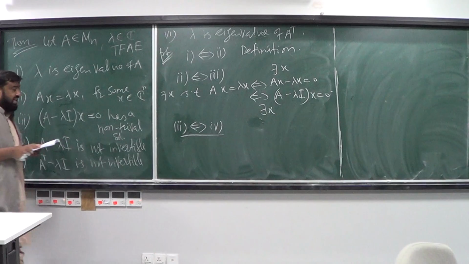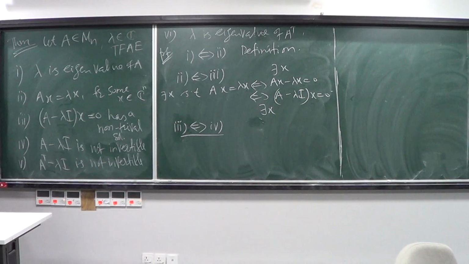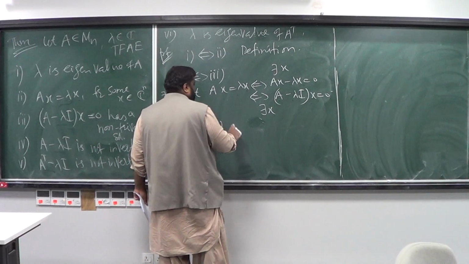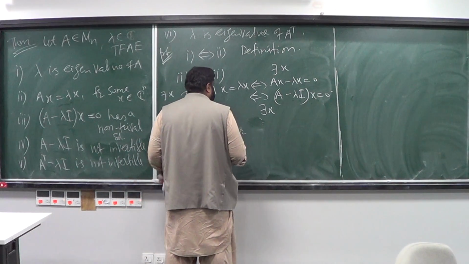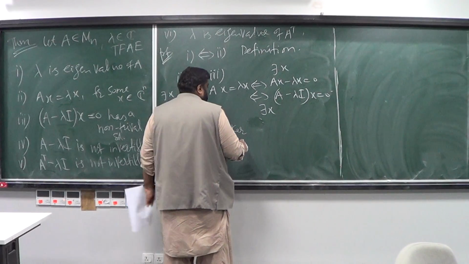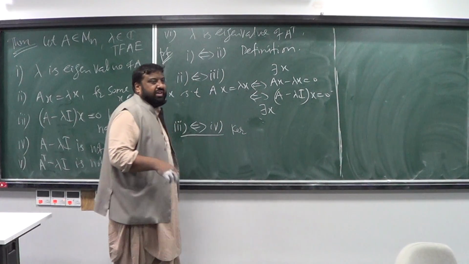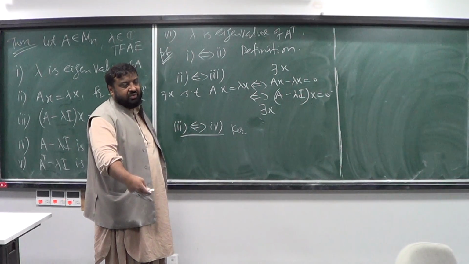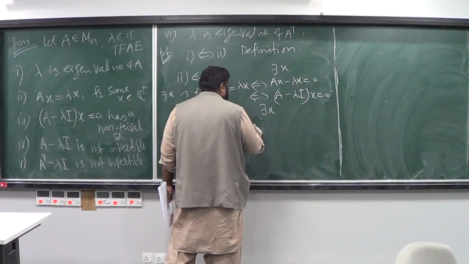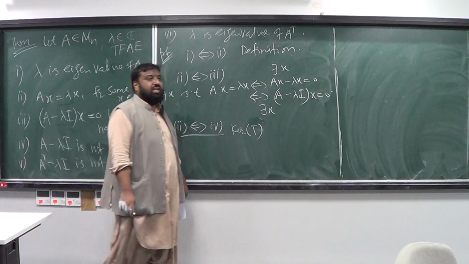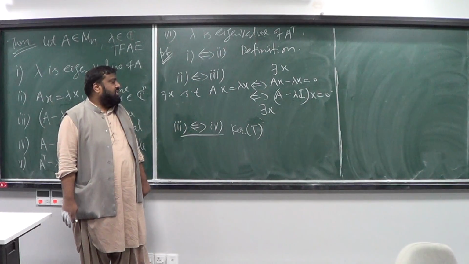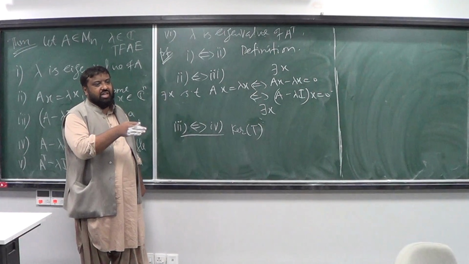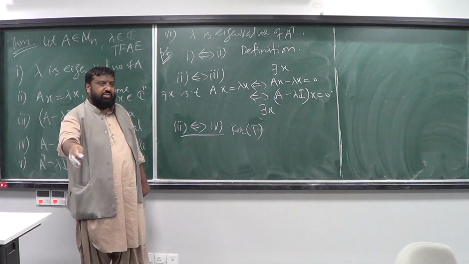For 3 and 4, I would like to say that this is a result for a linear transformation on a finite dimensional vector space, or from one finite dimensional vector space to another. So if you have the kernel of a linear transformation T from one finite dimensional space to another finite dimensional space.